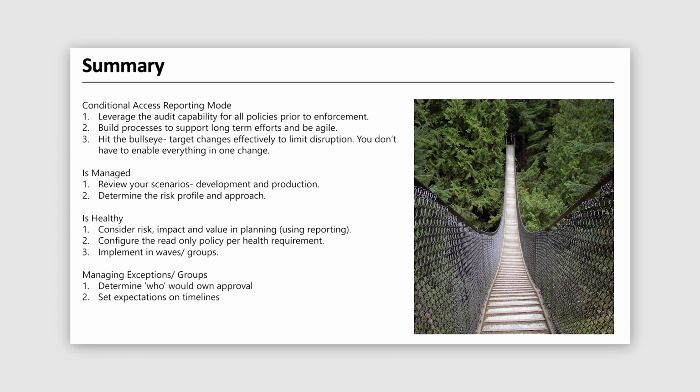And then managing exceptions or groups. Just a couple tidbits that we've learned: you must have a process defined as to who's going to own approval and who's going to own the follow-up, and set expectations. Because the reality is, once you give people even a minor approval for, say, 30 days, 60 days, people tend to forget.